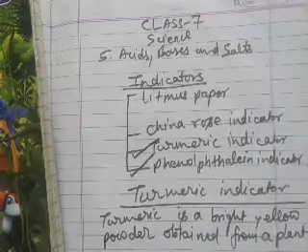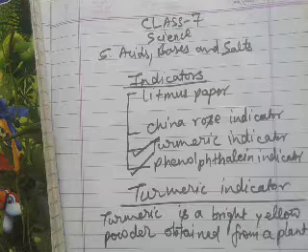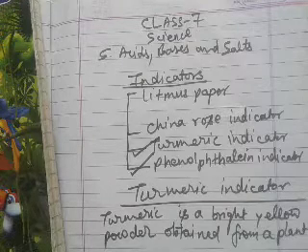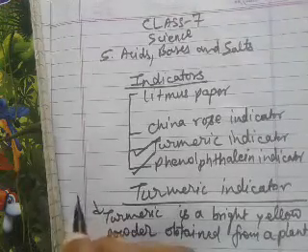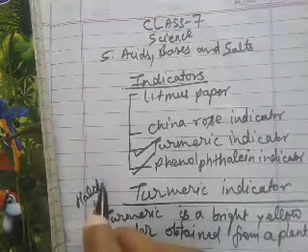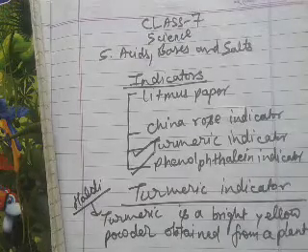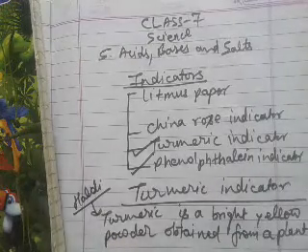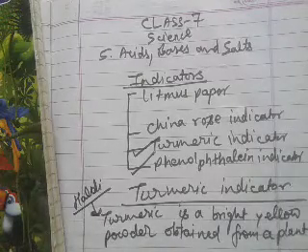Turmeric is obtained from the turmeric plant, which is called haldi in Hindi. Haldi, you know, is used in making vegetables and foods.